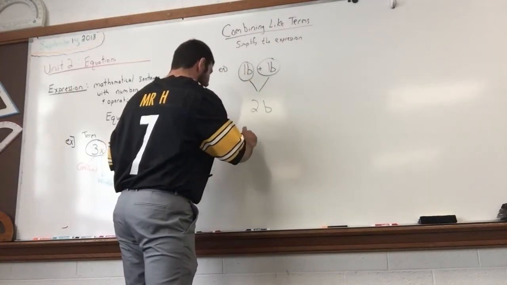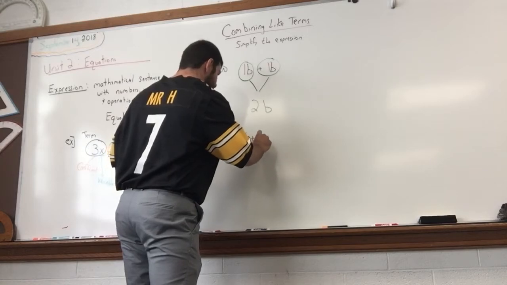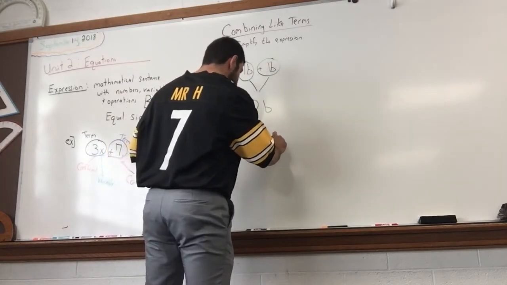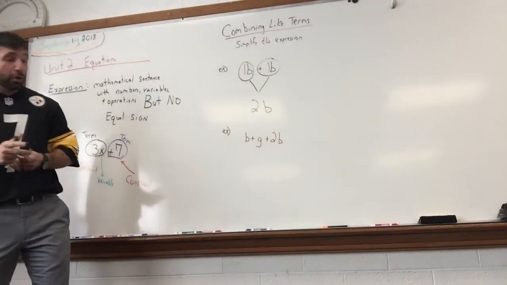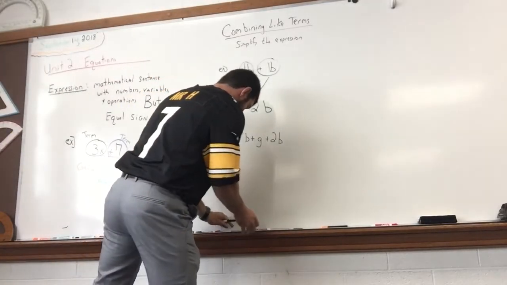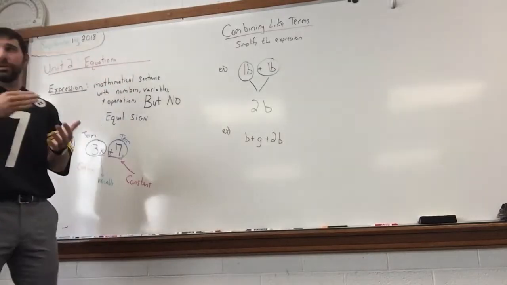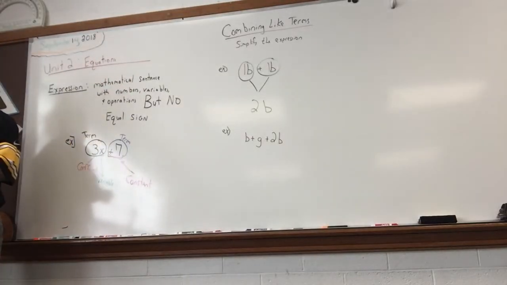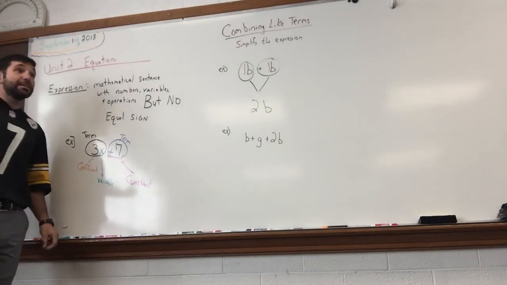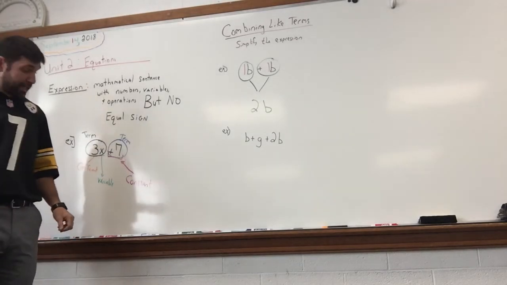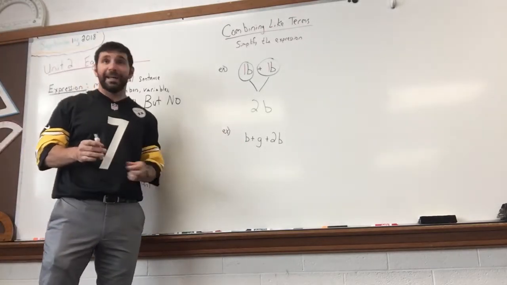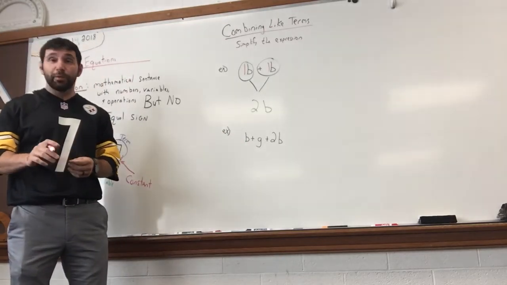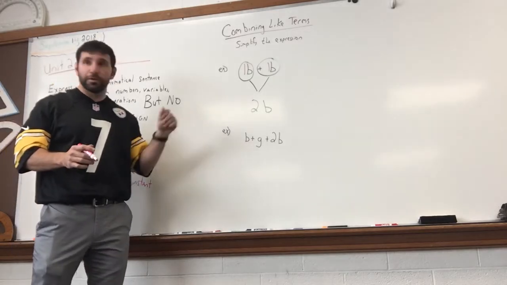It's now going to get written as B plus G plus 2B. Before we do anything else, what do you think we should do first? Go ahead, Nicholas. You need to box the like terms. Almost. We're going to do that next. Cheyenne? You need to put a number in front. Oh, if it does not have a number with it, we need to put it there. What coefficient will go with a B?